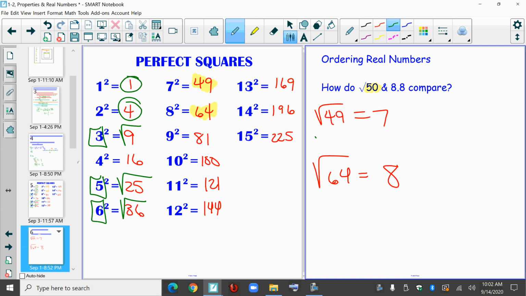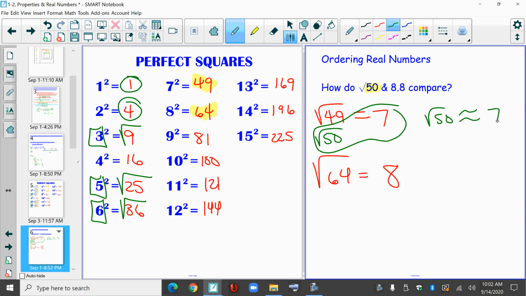So the square root of 50 is between those. Which one is it closer to? Is it closer to the square root of 49 or the square root of 64, which is 8? It's going to be closer to this one. So the square root of 50 is approximately equal to 7, right?